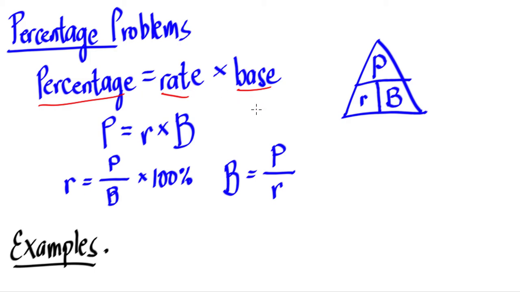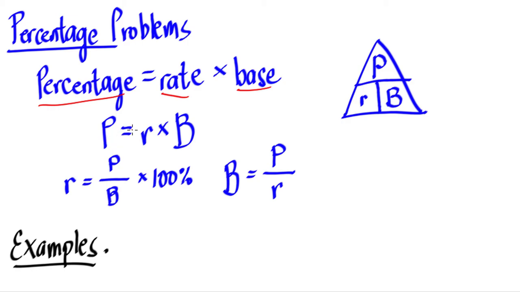So the basic formula is that the percentage, the fractional part of this whole, is based on the rate. So we say that the percentage is equal to the rate, the percent or the number of hundredths, multiplied by the standard basis, which is the base.